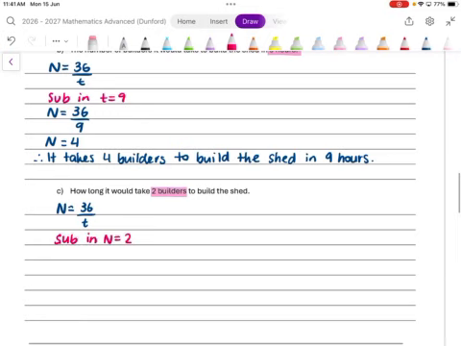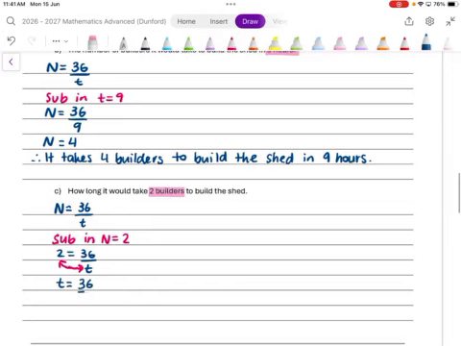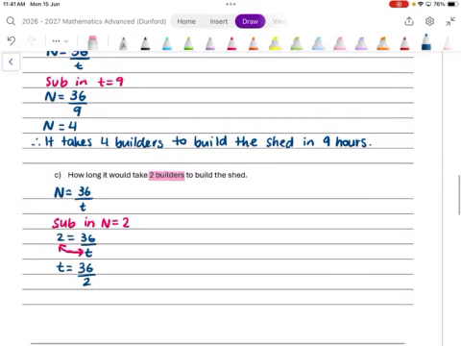So we will have 2 equals 36 on t. Now we want t to be the subject, so our t and our 2 swap spots. We'll have t equals 36 on 2, which is t equals 18.